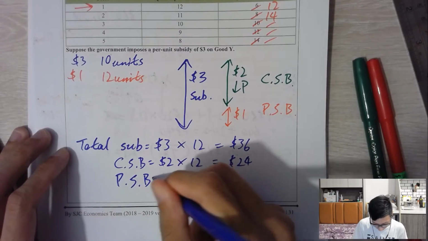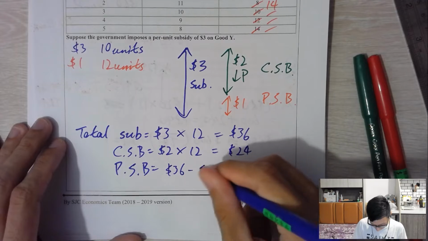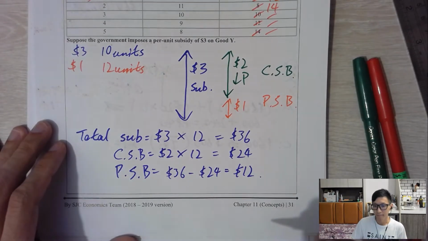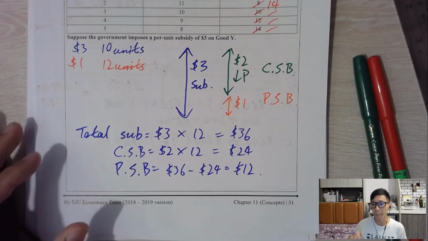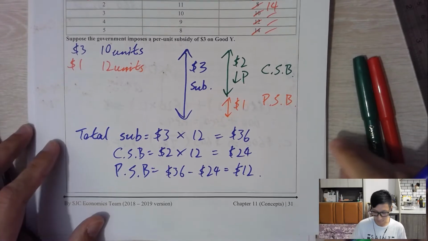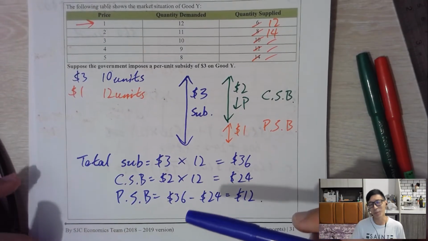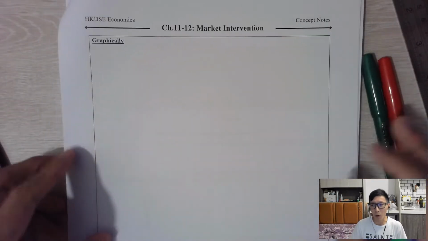Producer would just be this one minus this one. The rest, $12. So this is how subsidy benefit is shared. The calculation in this lesson is actually very easy. The most difficult one and the most commonly examined question would be on the graphical approach.